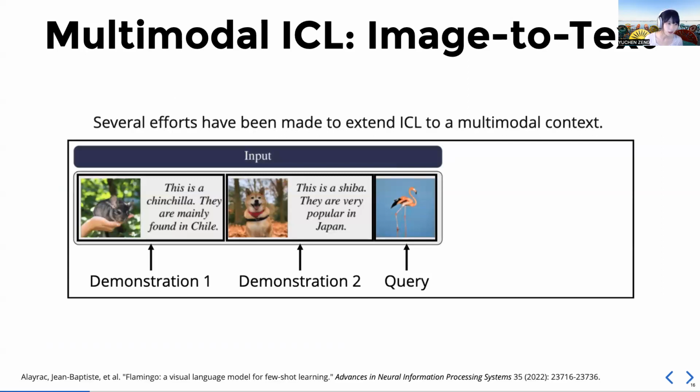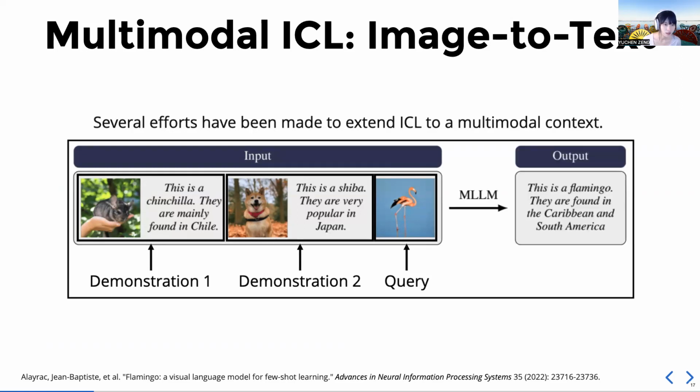They provide an image, and the task is to provide an image caption, which describes what the animal in the image is and where it is mostly found. Now, given a new image of a flamingo, if the MLM is able to perform this kind of in-context learning, it will generate an output such as: this is a flamingo. They are found in the Caribbean and South America.